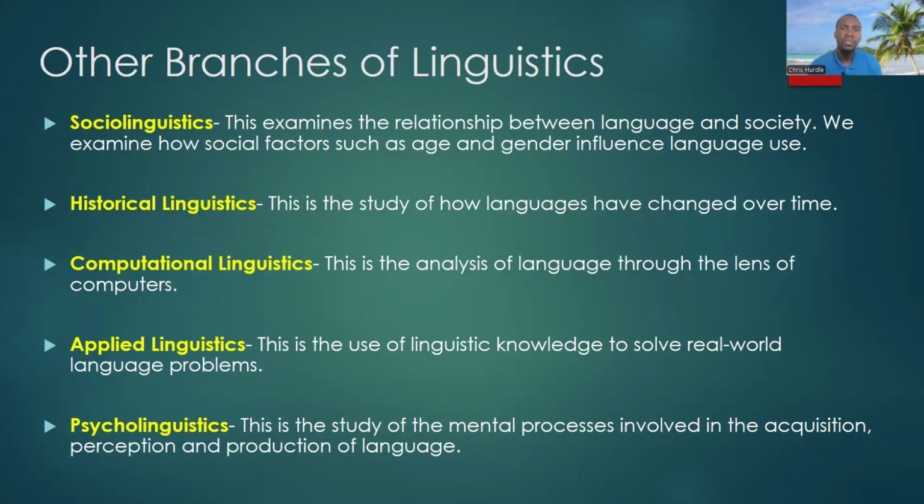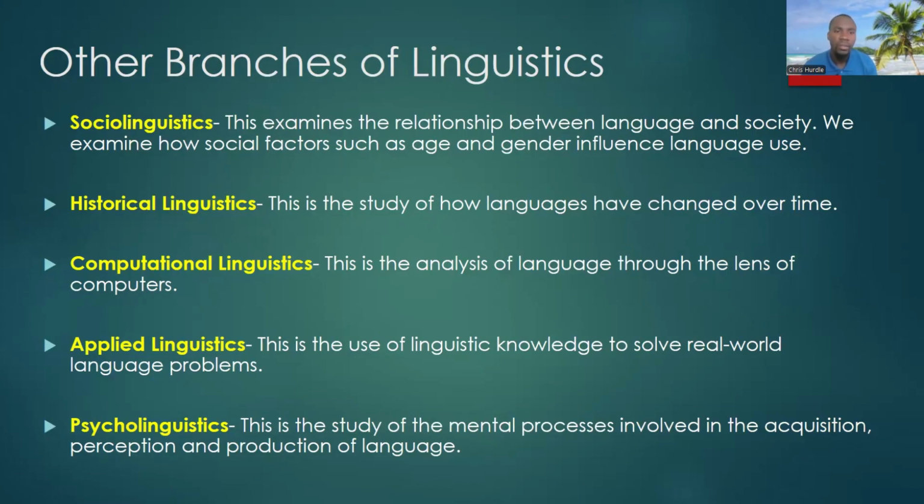This examines the relationship between language and society. So we examine how social factors such as age and gender influence language use. Historical linguistics is the study of how languages have changed over time. As you know, language is very dynamic, so it is interesting to see how it got to this point, right?